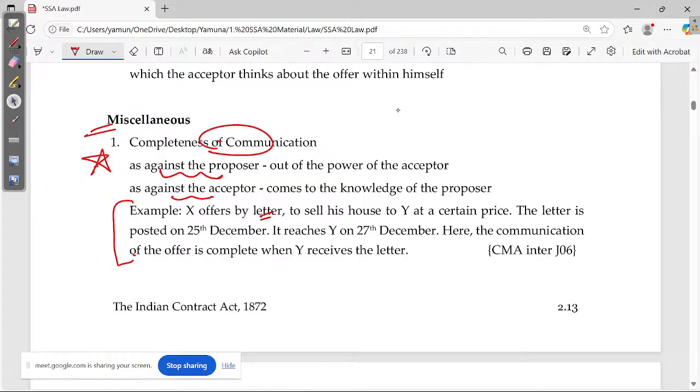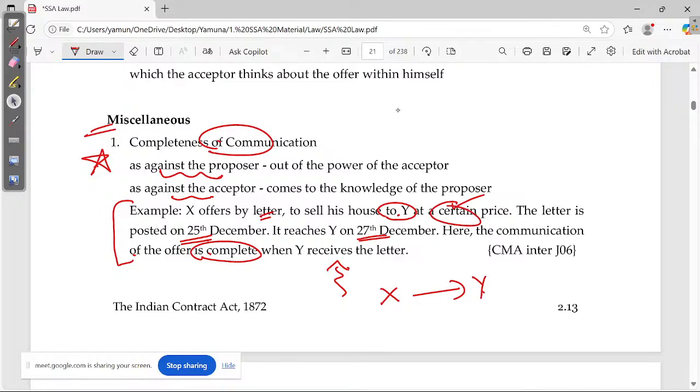X offers by letter to sell his house to Y at a certain price. The letter is posted on 25th December. It reaches on 27th December. Here the communication of the offer is complete when Y receives the letter. What do you understand here? X offers to sell his house to Y at a certain price.